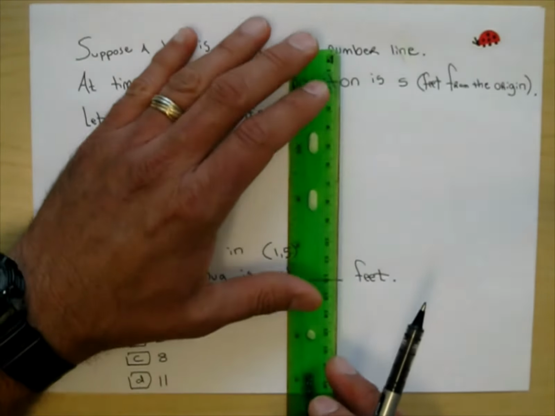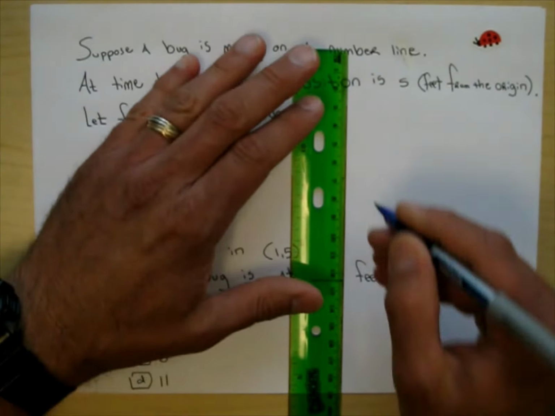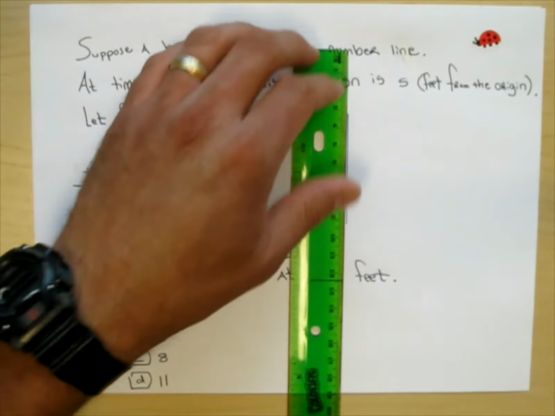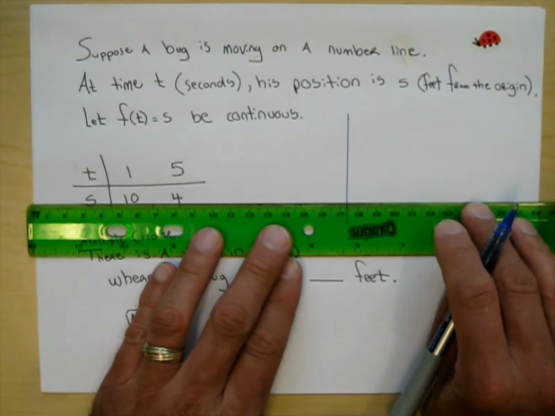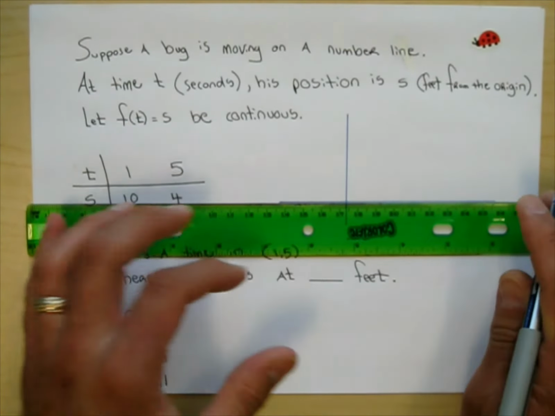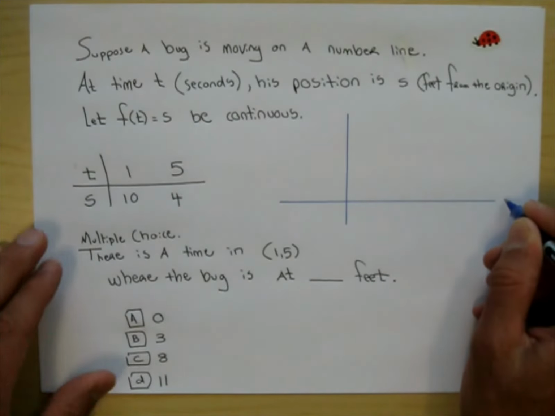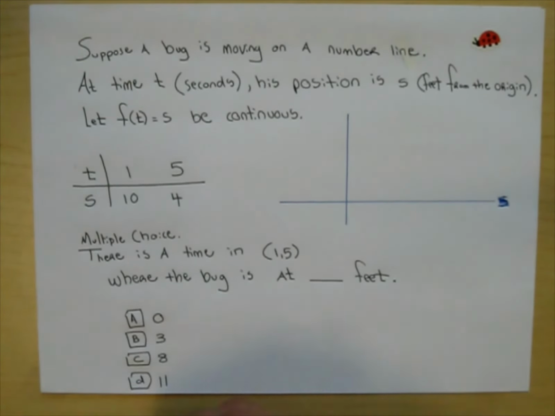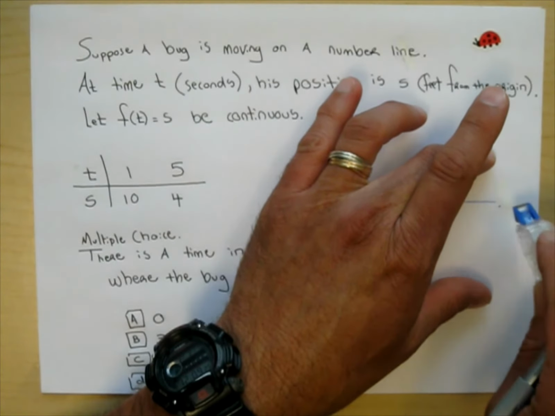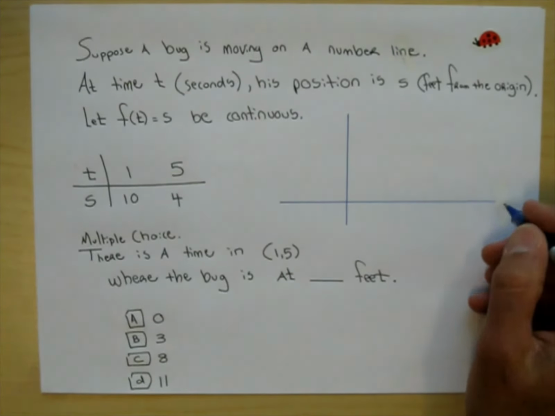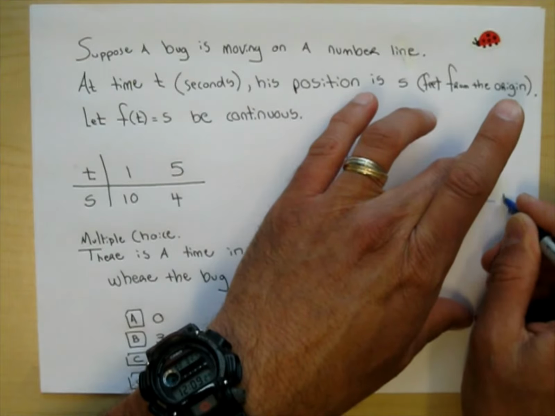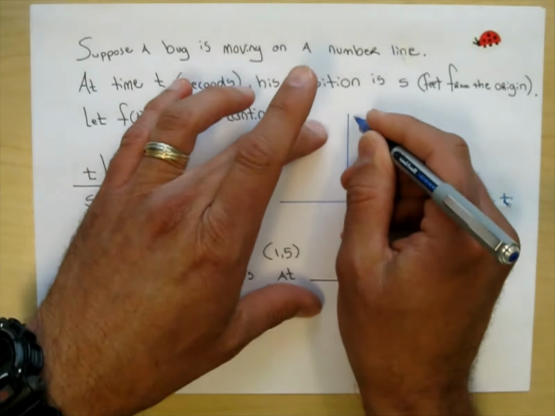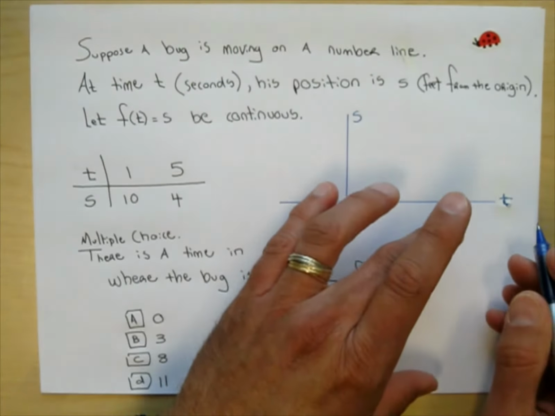So let's take a look at maybe a picture of the bug here. We have time, and then we have position.